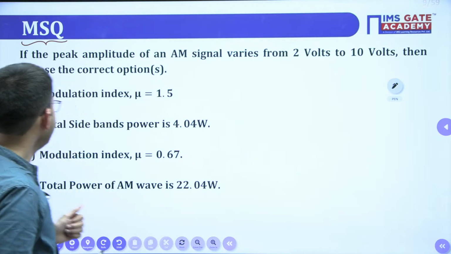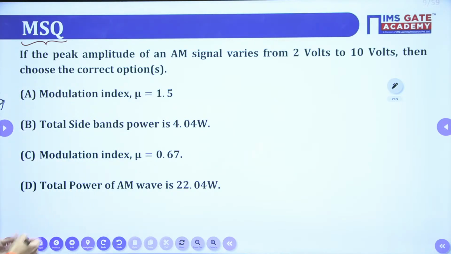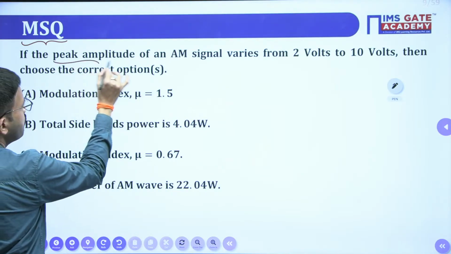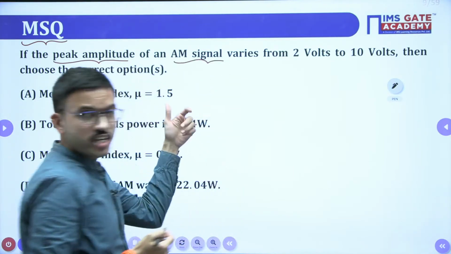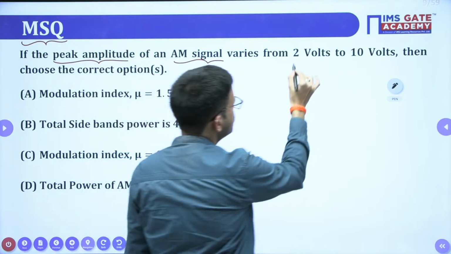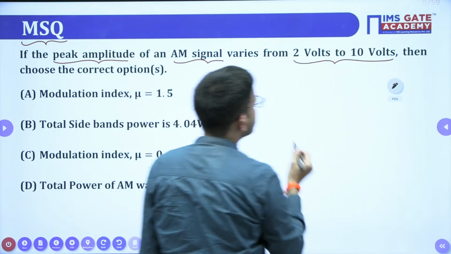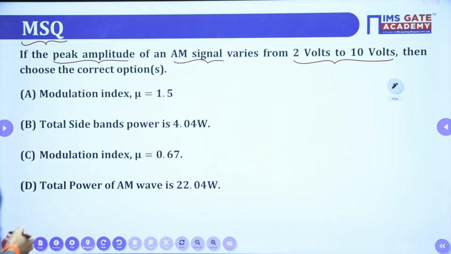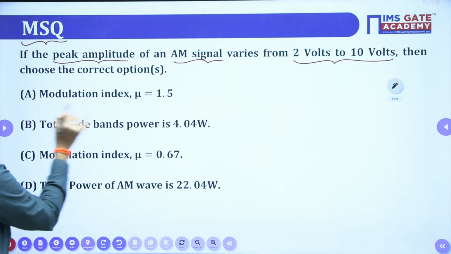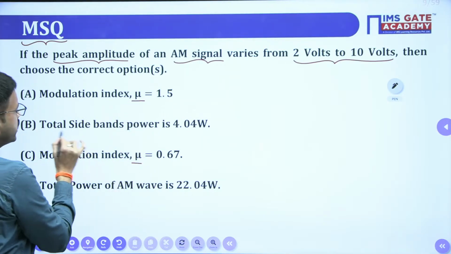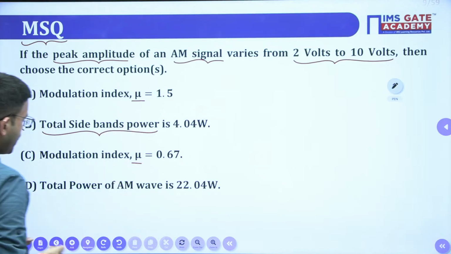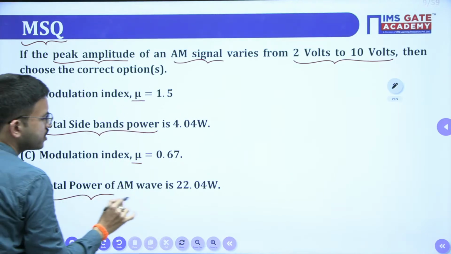Okay, here they have mentioned if the peak amplitude of an AM signal, that means amplitude modulated signal, varies from 2 volts to 10 volts, then they are asking among the 4 choices which options are correct, you have to choose. So here 2 choices they have given regarding modulation index mu, and 1 choice regarding total sideband power, and 1 choice regarding total power of AM wave.